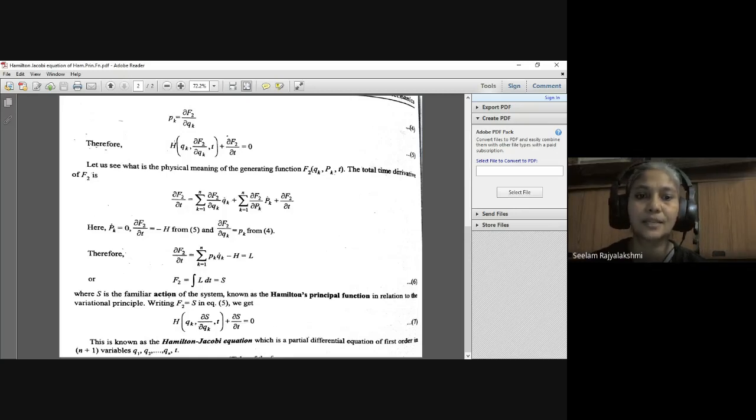This is known as the Hamilton-Jacobi equation, which is a partial differential equation of first order in n plus 1 variables, that is q1, q2, and so on up to qn, comma t.